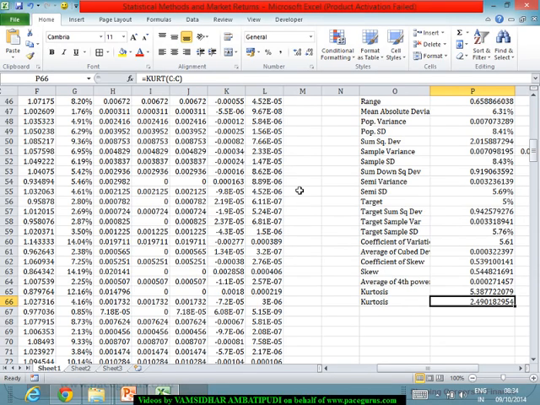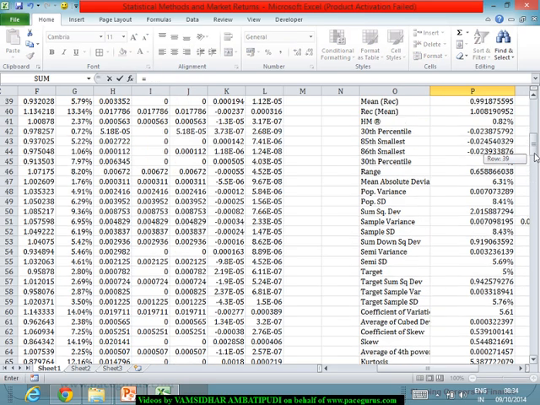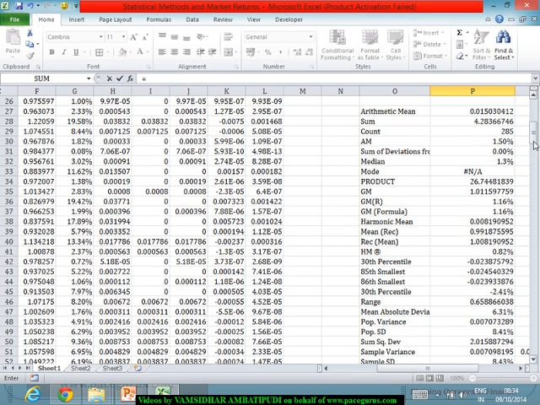Going back to the data, the geometric mean in terms of the arithmetic mean, again an approximation formula, is the arithmetic mean minus the variance divided by 2.